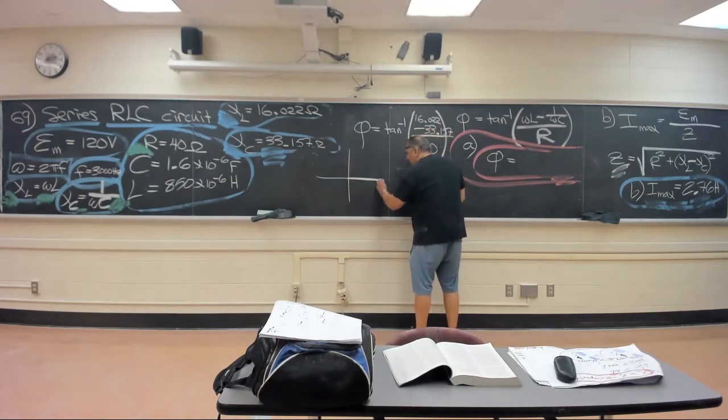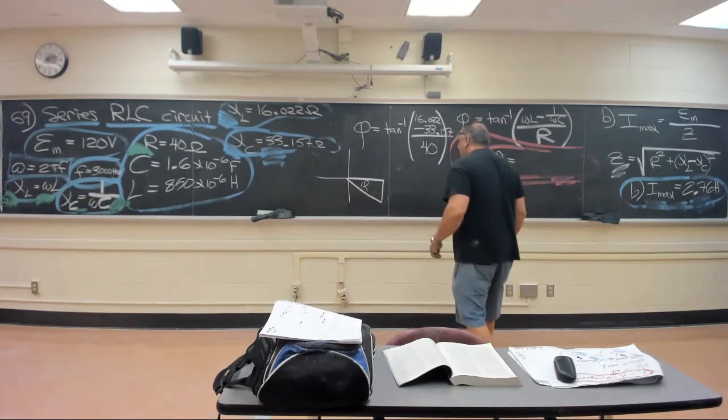If that's 40, negative 17 is not quite half as long, but it's right here. And there's your phi.